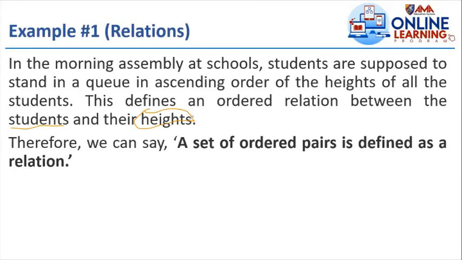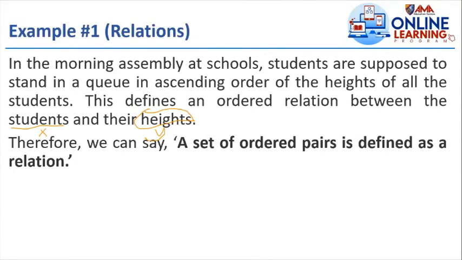So we have two variables, the students, and their height as our y. Therefore, we can say a set of ordered pairs is defined as a relation. We discussed the ordered pair last week.